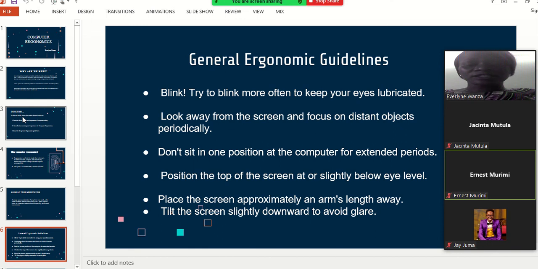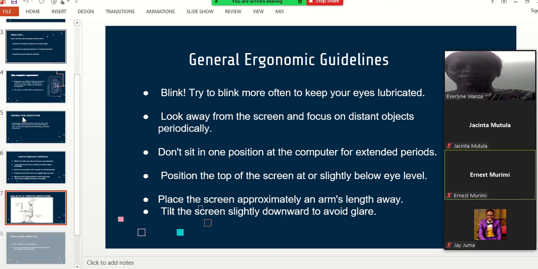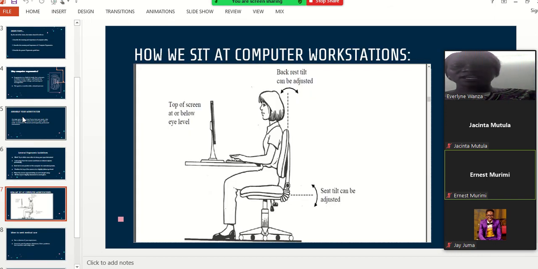Then position the top of the screen at or slightly below eye level. Then place the screen approximately an arm's length away. I'll share photos of what you are supposed to practice on the LMS. You can have a look at it. But even now, I'm sure you can see my screen, how this lady is seated.